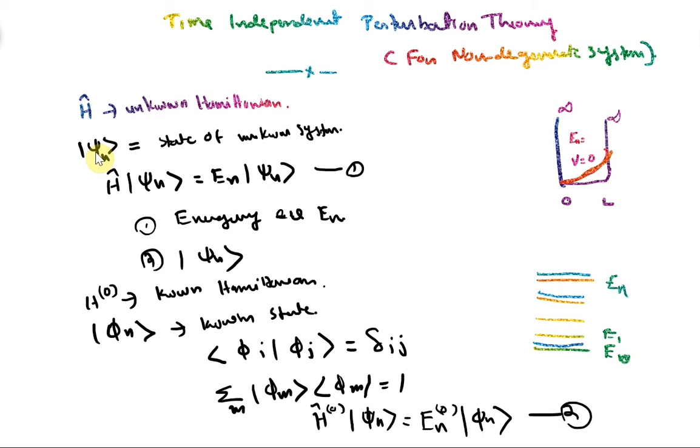This is a known problem for us, and there is a superscript here and a subscript here. The subscript corresponds to the state of the system n, which state you are referring to, 1, 2, 3, etc. The subscript refers to the state of the system, whereas the superscript corresponds to which order of correction this is. So let me call this a 0th order correction.